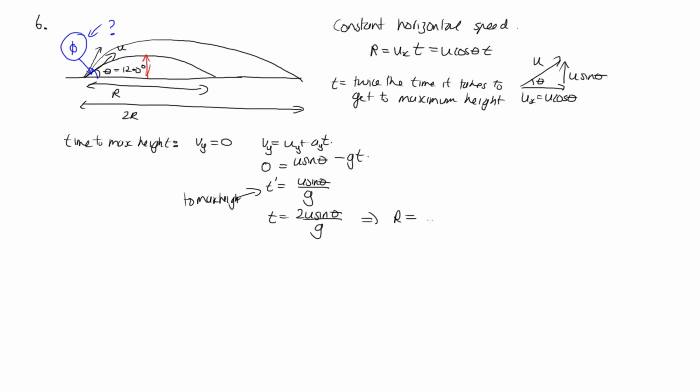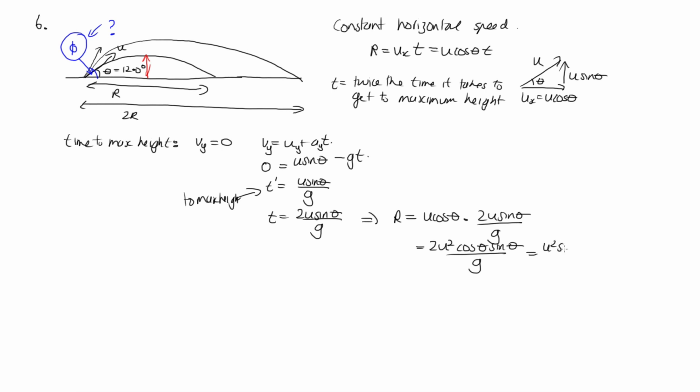So we've now got our expression for the range. The range is equal to u cos theta times 2u sine theta on g. And so we can write that as 2u squared cos theta sine theta on g. Then using the trigonometric identity, which is given in the question, we know that 2 cos theta sine theta is equal to sine 2 theta.